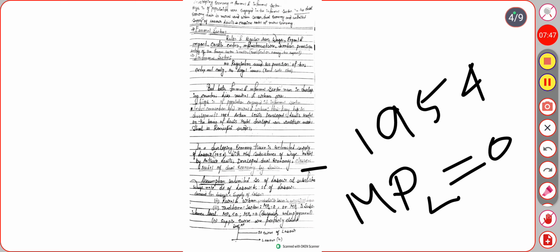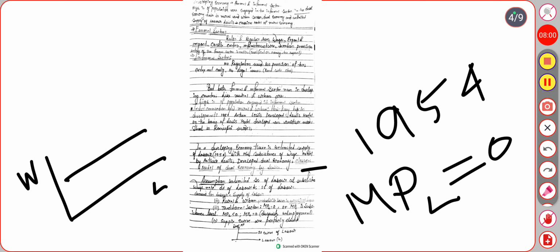The supply of labor is perfectly elastic at the subsistence wage rate. Less developed countries are dual economies.